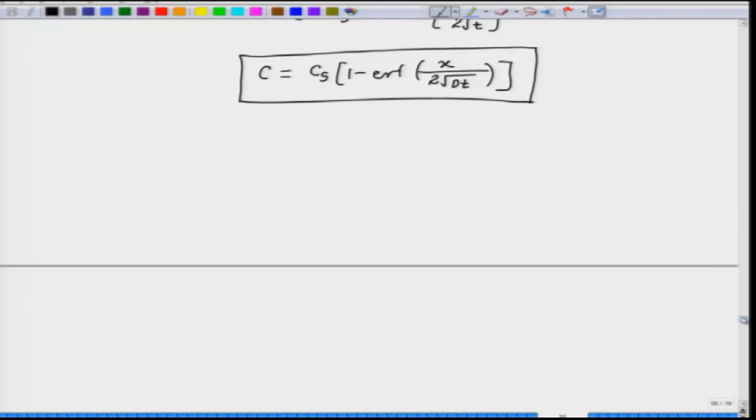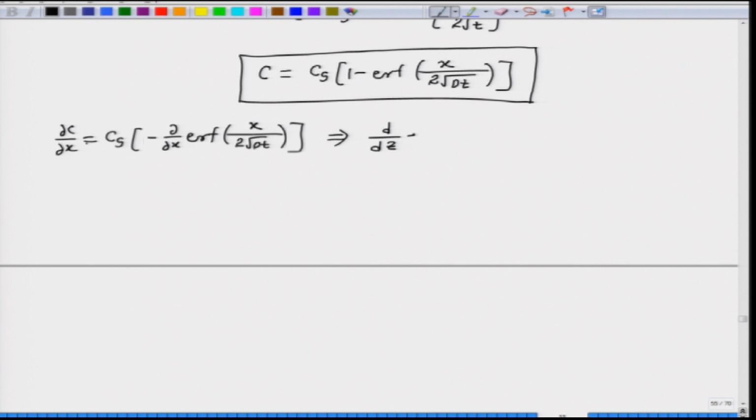So, if we evaluate the slope, which is nothing but the derivative, so dou c by dou x will be C s is constant. So, dou C s by dou x is 0 minus dou by dou x of error function x over 2 root dt, and we know the derivative of error function. What is it?